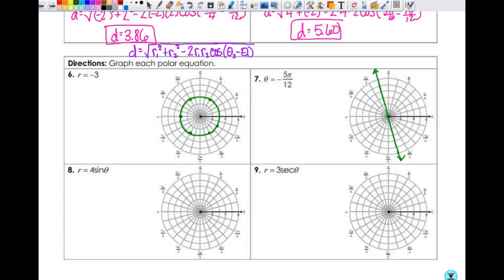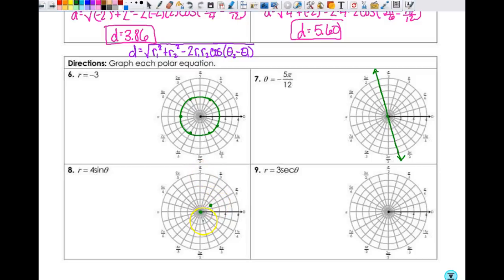All right, so then number 8, R equals 4 sine theta. This is going to be a circle, so I have to figure out some points on this circle. When theta is 0, the sine of 0 is 0, so there's a point right here. Then the next easy one for sine is pi 6. When the angle is pi 6, the sine of pi 6 is 1/2. 1/2 times 4 is 2. So there's a point right here. Since it's going to be a circle, I can do another one, then I can look at my symmetry.